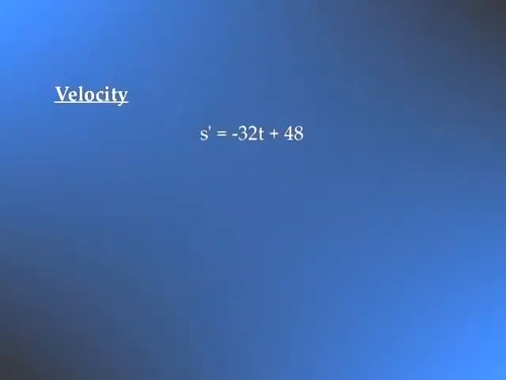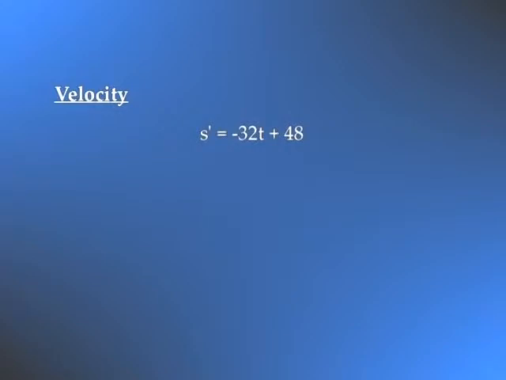Now, velocity is the first derivative of position, and to understand why that's the case, just realize that derivative is rate of change in what you are taking the derivative of. So the velocity is the rate of change in position, because we're taking a position equation and taking its derivative. And when we take that derivative of the position equation, we get negative 32t plus 48.